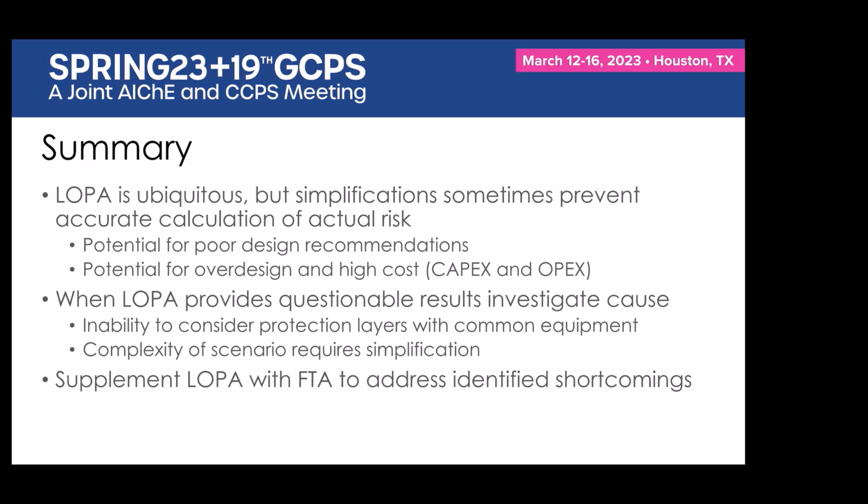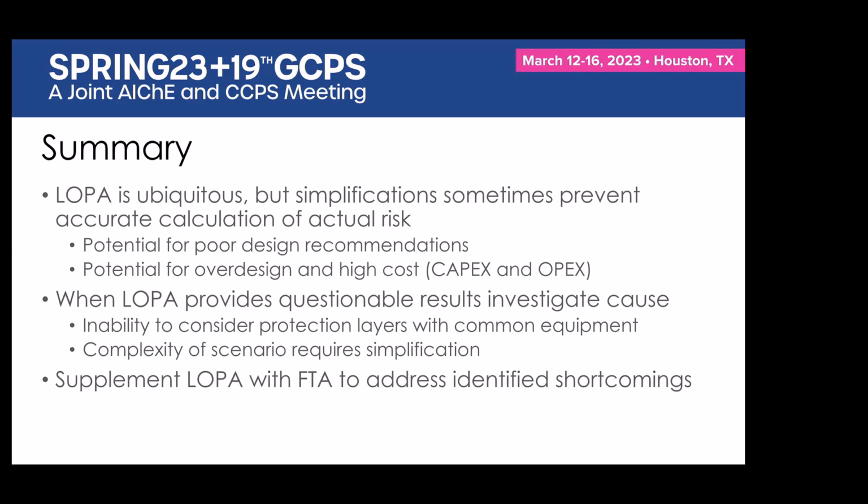Those potential over designs have a potential high cost, both capital and operating expenditures. If you're doing a LOPA and it starts to give you crazy results, investigate the root cause of why those results are crazy. And sometimes it might be the inability to consider protection layers that have common equipment. And sometimes it's that you have a very complex scenario that you have oversimplified.